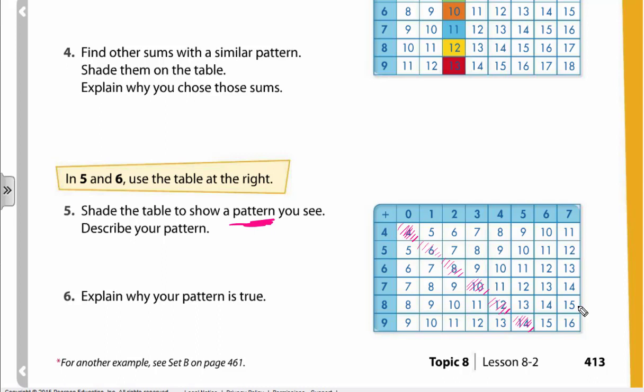I call this diagonal. The diagonal, my heroes, when I have a square or rectangle, this line, I call it diagonal. So this is diagonal. Okay, can anyone tell me what is the pattern in the diagonal here?